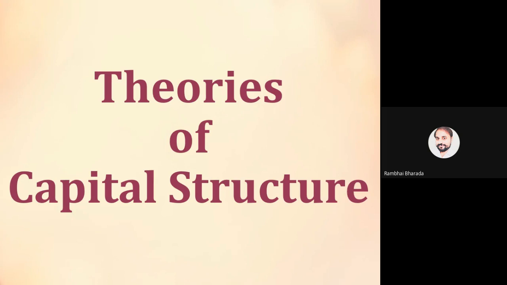Capital structure is a mixture of equity, preference, debt, and internal sources. And then we discussed the factors affecting the capital structure, 17 factors are there. And then we started the theories of capital structure, which are different views of experts about the capital structure and market value of the firm.